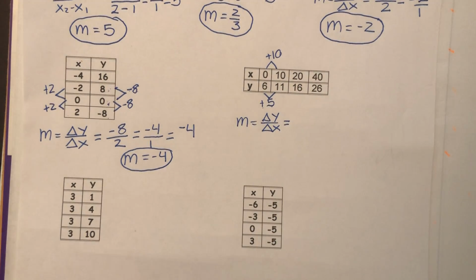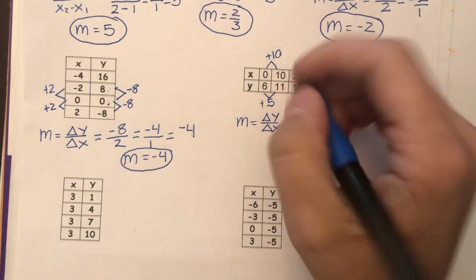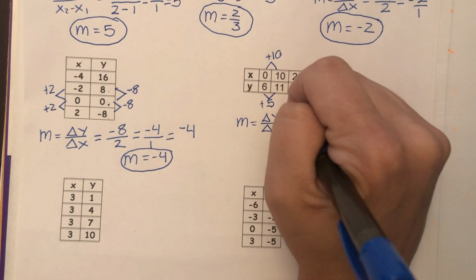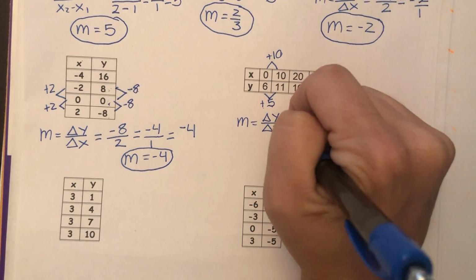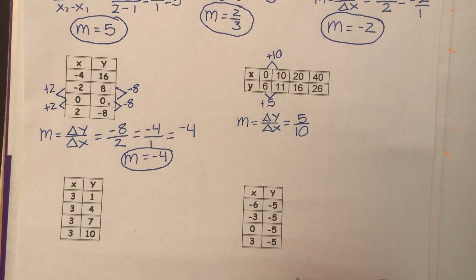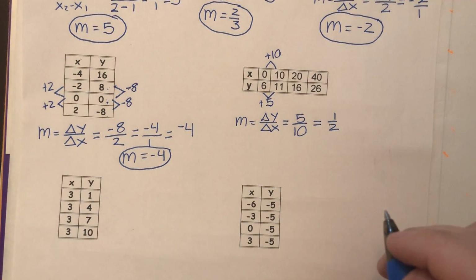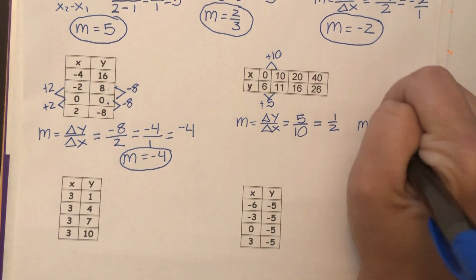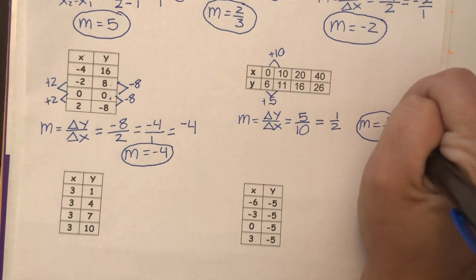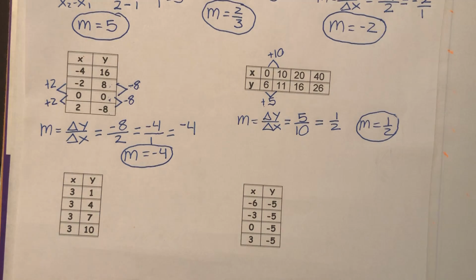Change in y always goes on top. Change in y is 5. Change in x is 10. If we simplify this, that's 1/2. So m equals 1/2.